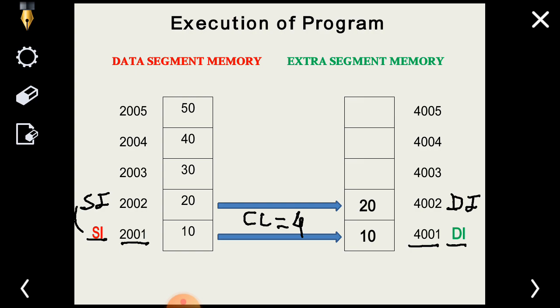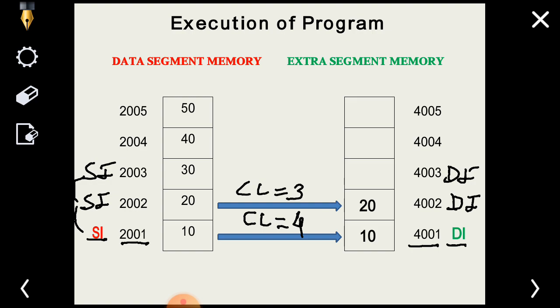After execution of the MOVSB instruction, the counter will again be decremented by 1. Now it is 3. Again it will repeat the MOVSB instruction. Before that, SI will again be auto incremented by 1. So now SI will have value 2003 and DI will have value 4003.